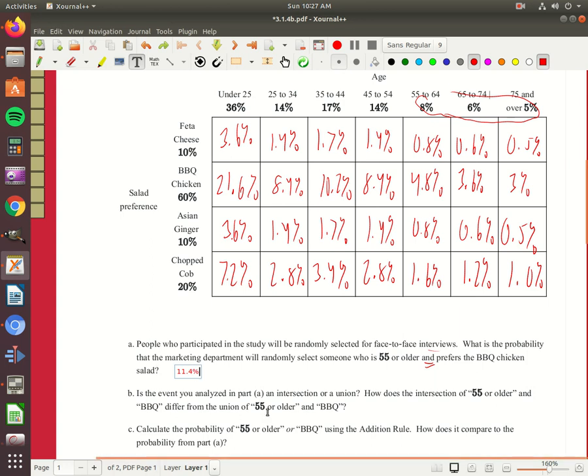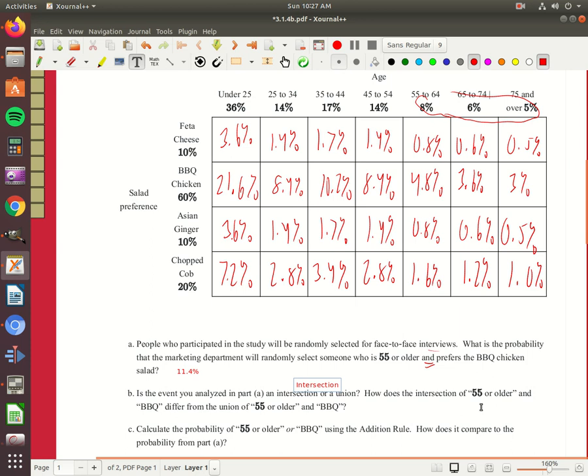Now it says, in the event that you analyzed in part A an intersection or a union, like we said, it was an intersection for sure. It was an and question. Don't let that or fool you. I wish they hadn't done that. 55 or older just means that there's more than 55-year-olds.